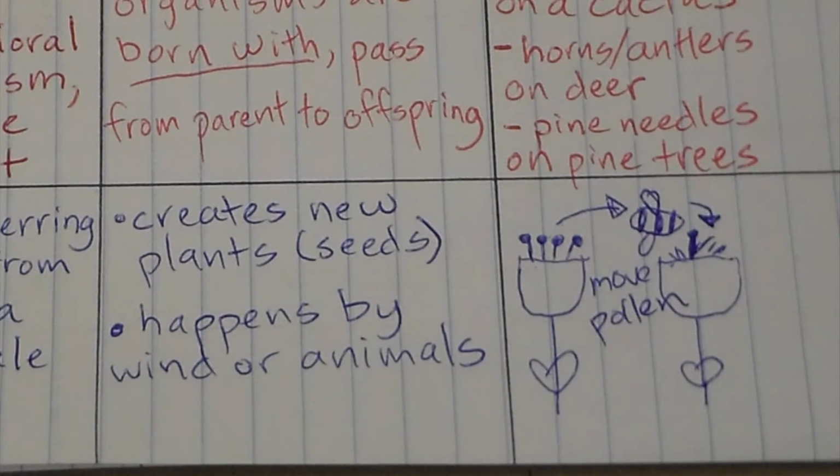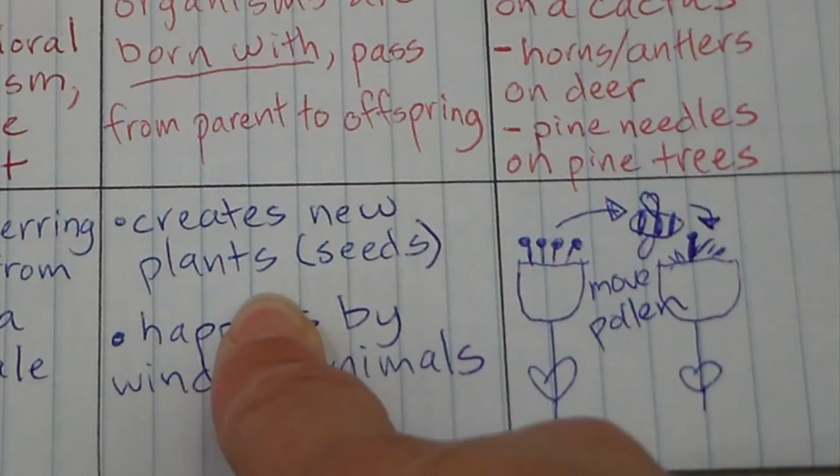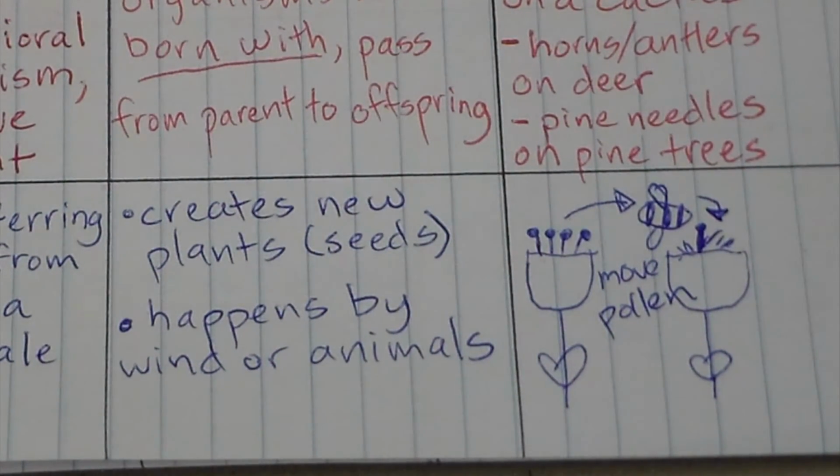So that process of moving pollen is really important because that's what's going to allow plants to create new versions of themselves and seeds. It's going to allow them to reproduce.